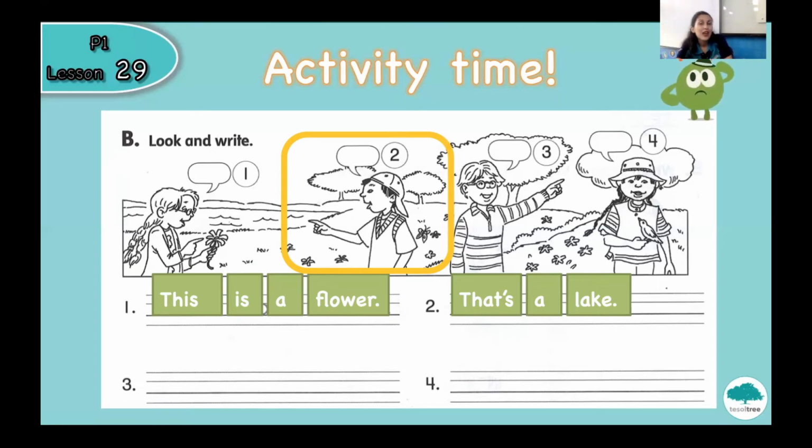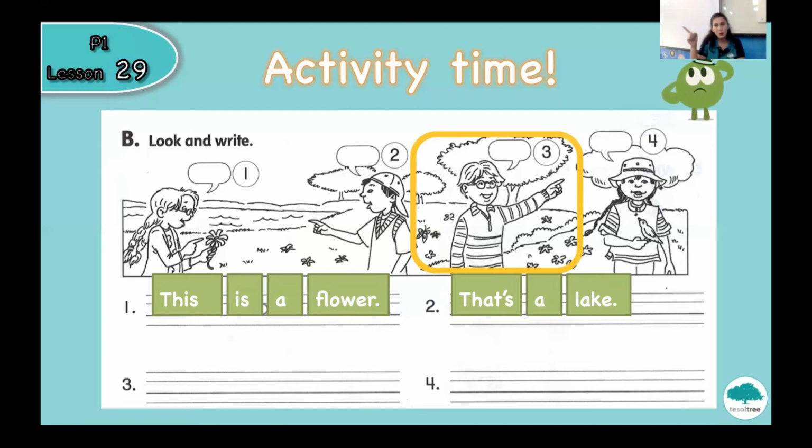Let's look at our next picture, picture number 3. What do you see here, P1? I see a boy. And this boy points at up in the sky at a cloud, right?